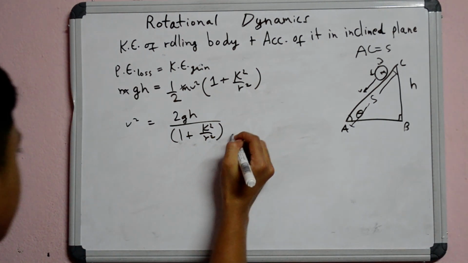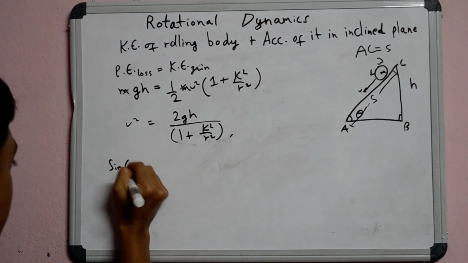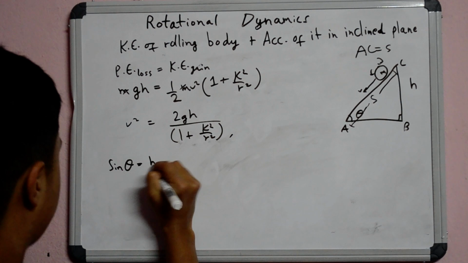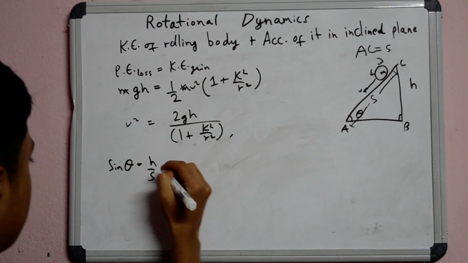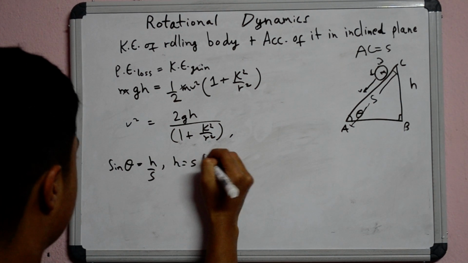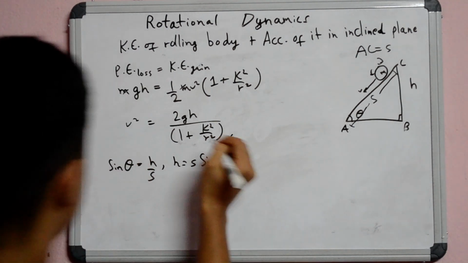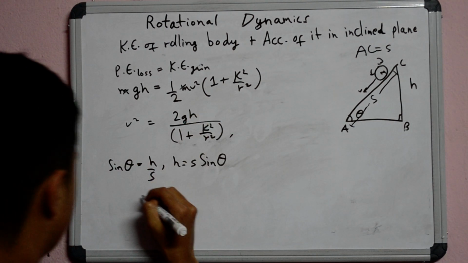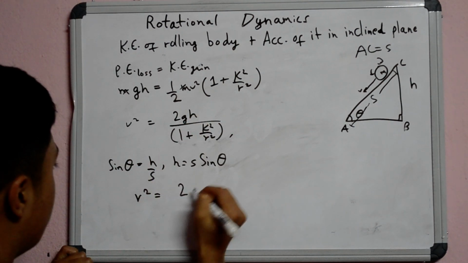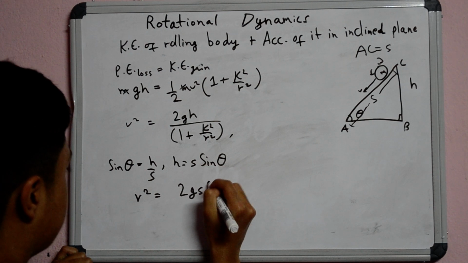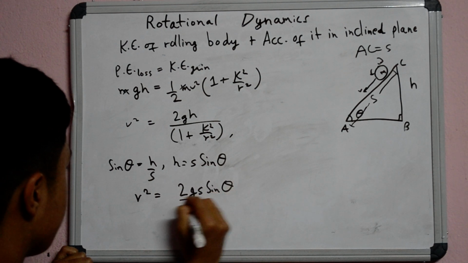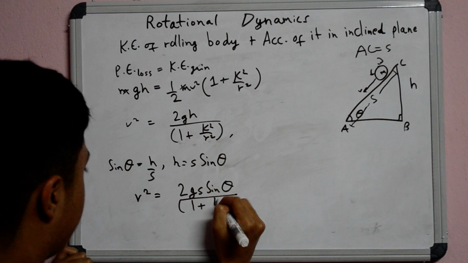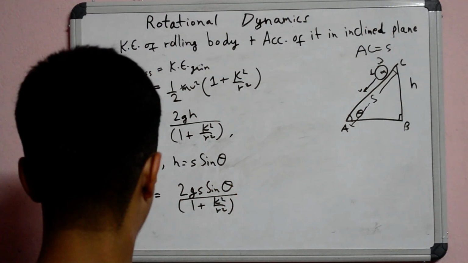So sin theta equals h by s, which means h equals s sin theta. Let's put that in here. We get v² equals 2gs sin theta divided by (1 plus k²/r²).